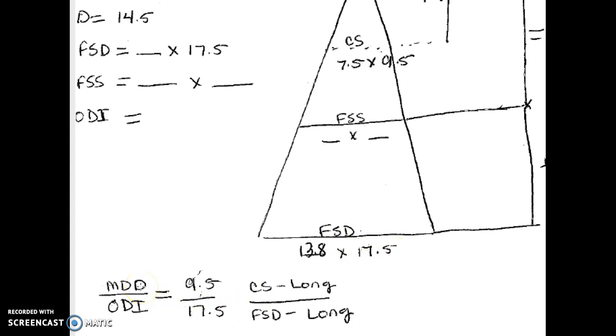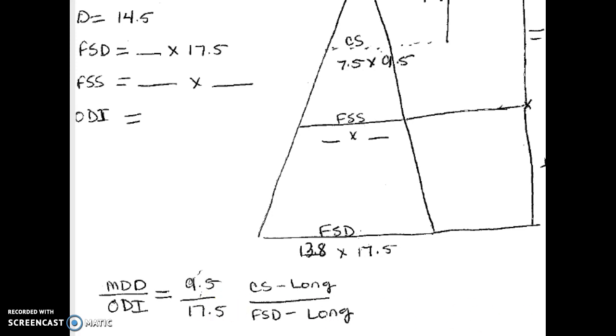We know the machine is defined at 100. We don't know what the ODI is. We know that 9.5 is the longest length on the collimator setting, and that 17.5 is the long side of the field size at depth.